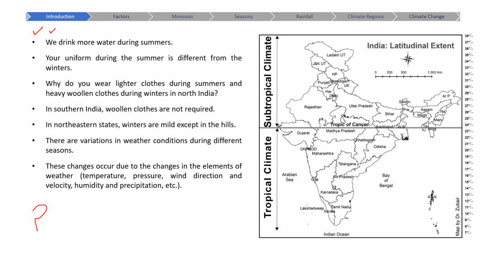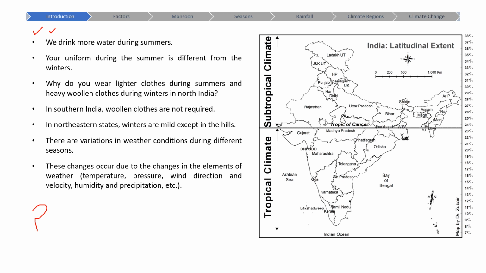So you already know the answer is yes, there is an impact of climate. You just have to organize the information in an orderly manner, so you have a clear picture in your mind of what climate is and what its impact is.